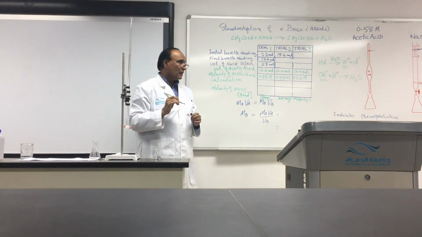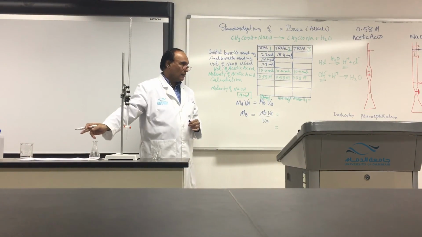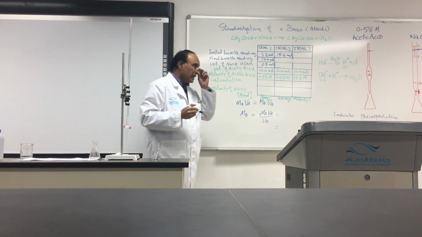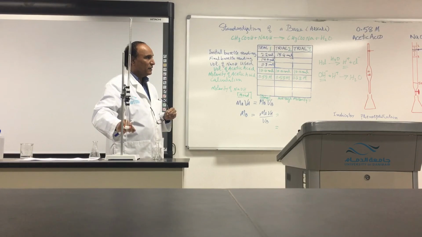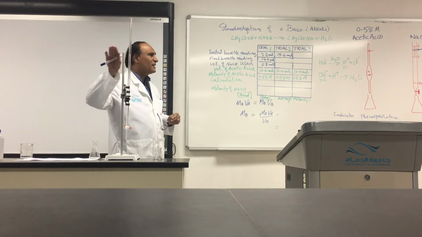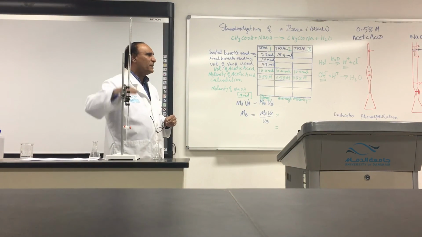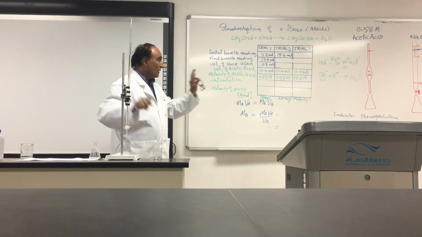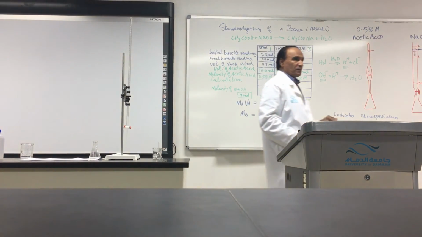Why? Because I put more there. After the end point, I put some more. You can change it, any reading. You drop whatever the reading is, that is the initial. Take exactly, but take from any point. Start from any point. So 15.4.